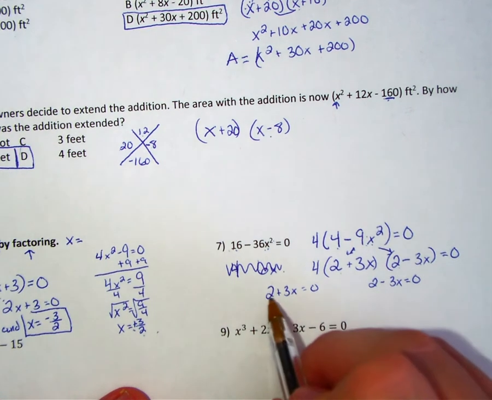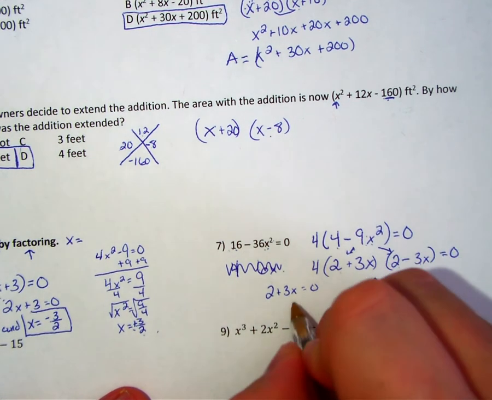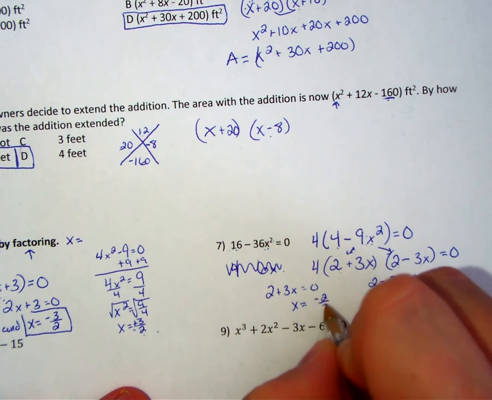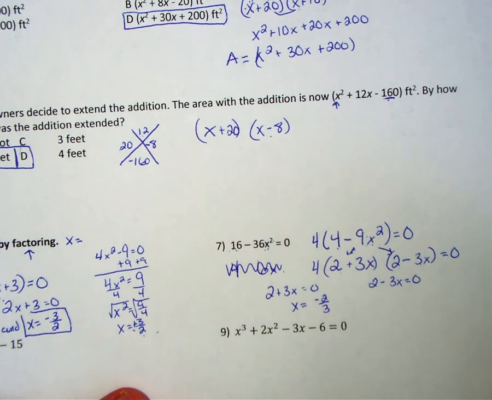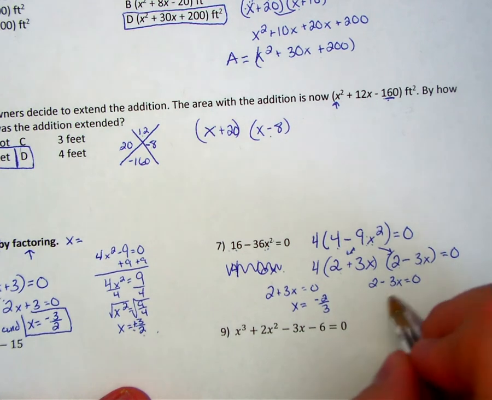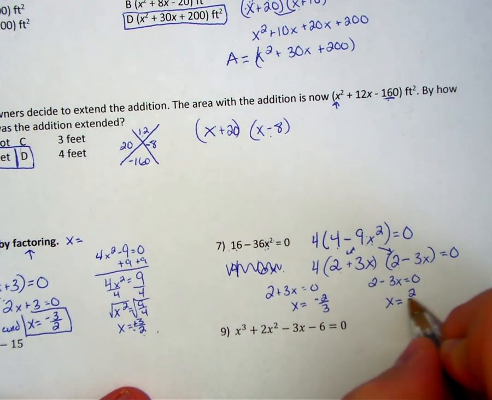So we'll subtract 2 from both sides and divide by 3. x will be equal to negative 2/3. On the right side, we will subtract 2 from both sides, and we will divide by negative 3, so x will be equal to 2/3.